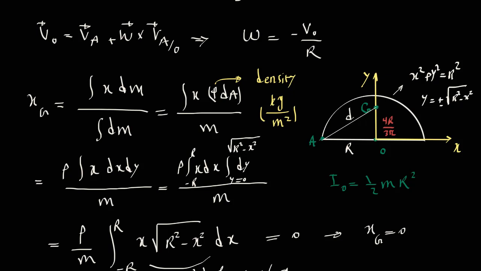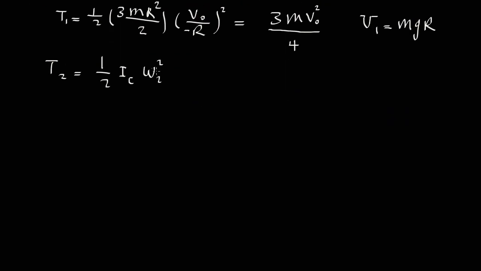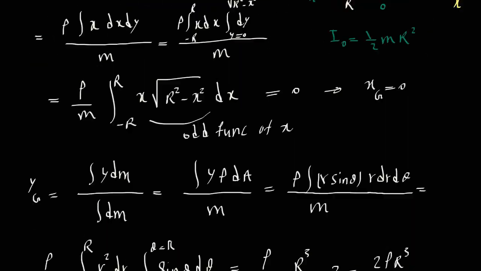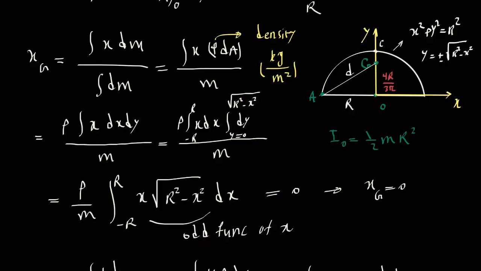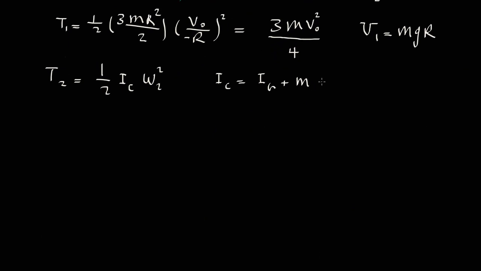So Ic here is equal to Ig plus m times the distance between C and G squared. So this whole thing is just r. This is 4r over 3π. So this distance between C and G would be r minus 4r over 3π. So this would be r minus 4r over 3π squared.